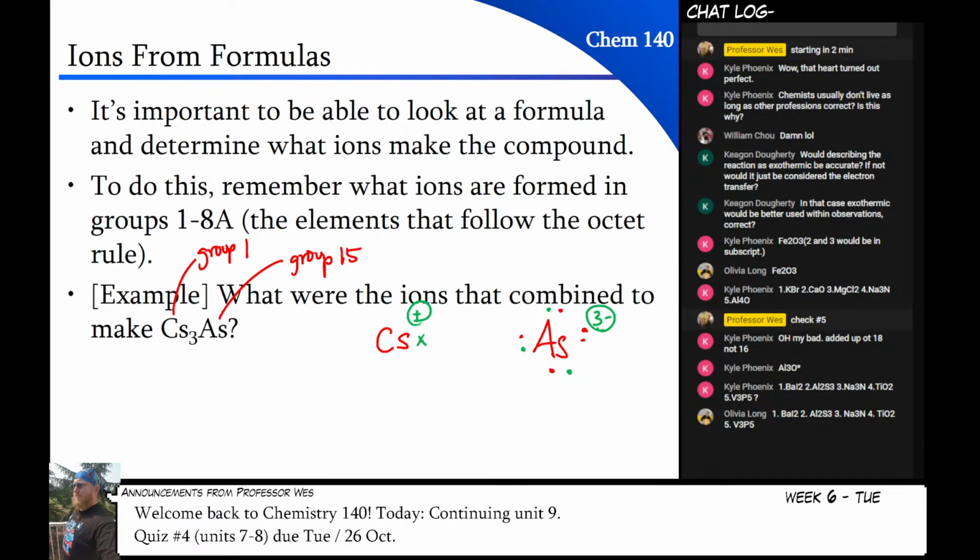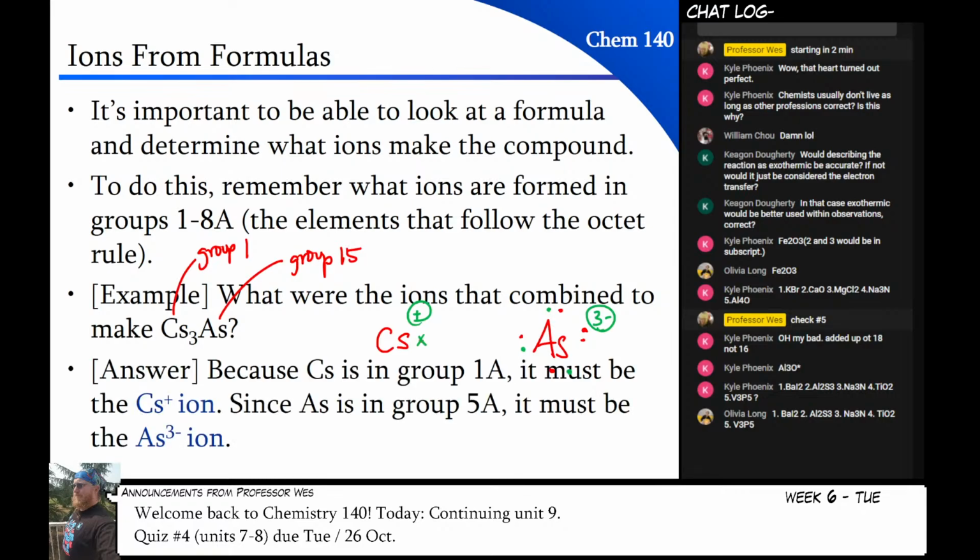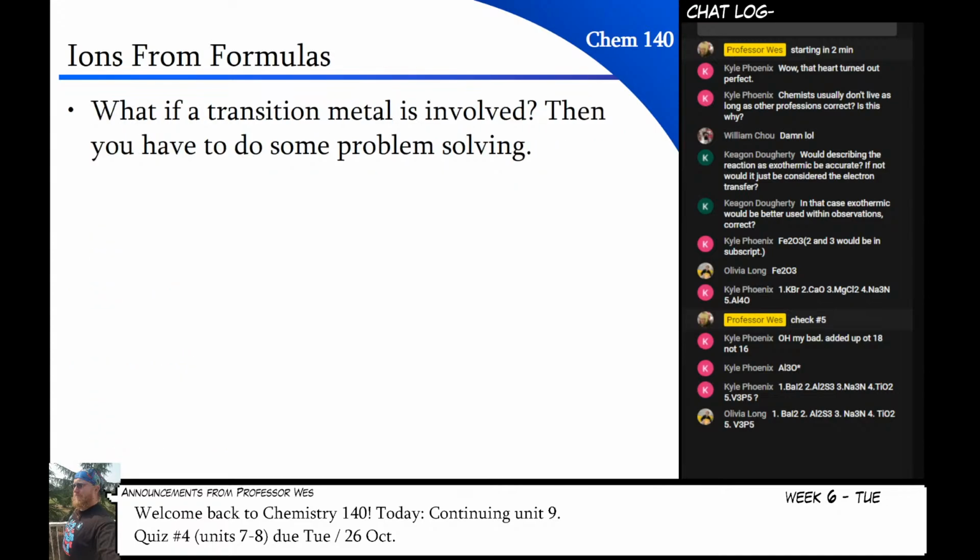So we have split the formula into ions. Now, if you have only group 1 through 8A elements, again, groups 1 and 2 or 13 through 18, this is easy. You can just figure out the octet rule. But sometimes you get transition metals or inner transition metals, and you can't do that.